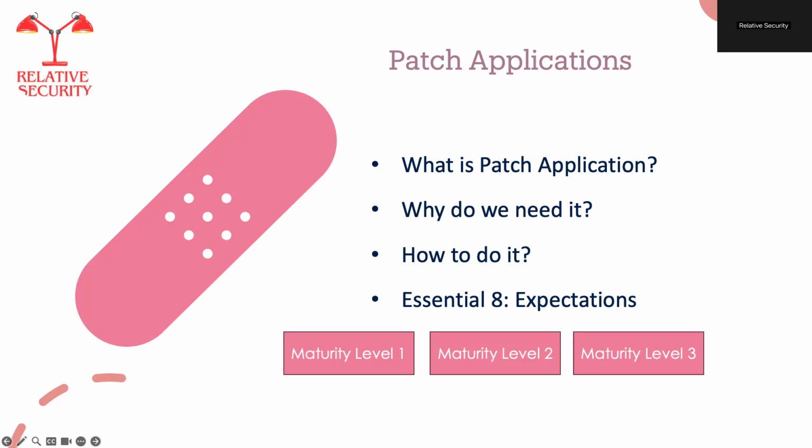Now, regarding the patch deadlines, the rules are a little different here. For online services, it's still urgent. Critical or exploited vulnerabilities get patched within 48 hours, while non-critical ones have a 2-week window. Your commonly targeted apps, the browsers, Office, PDF readers, must still be patched within 2 weeks as well.